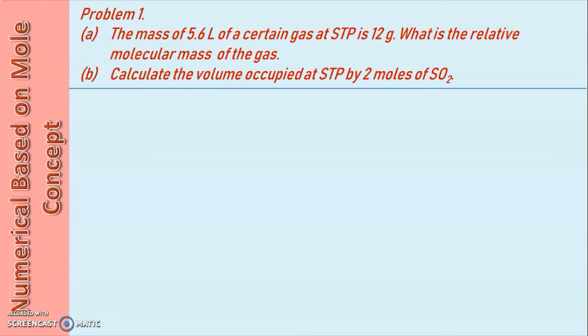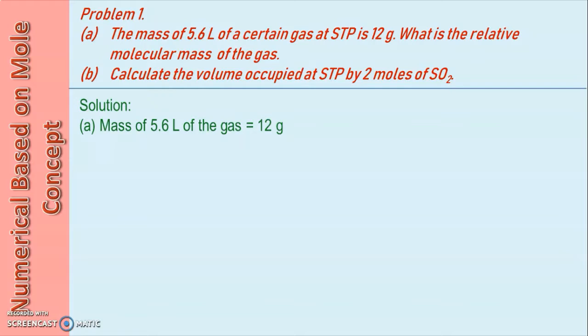The mass of 5.6 liter of a certain gas at STP is 12 gram. What is the relative molecular mass of the gas? So here you can see the data given is 5.6 liter of a certain gas at STP is 12 gram.